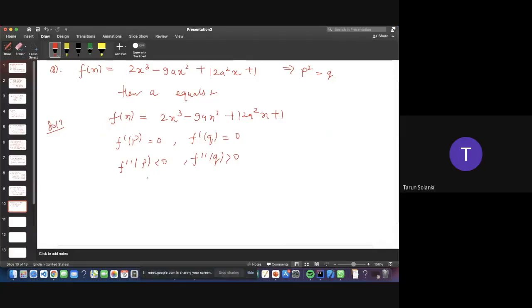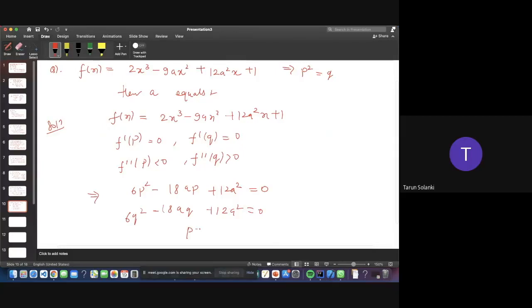So now we can say 6p square minus 18ap plus 12a square is equal to 0. Similarly, 6q square minus 18aq plus 12a square is equal to 0, right?